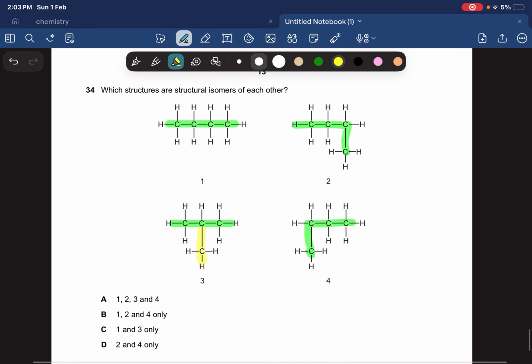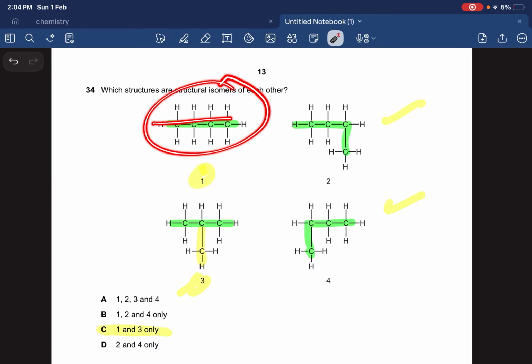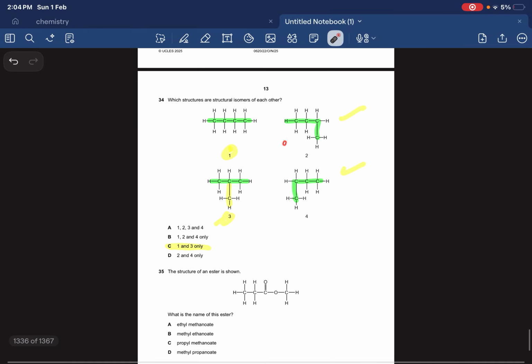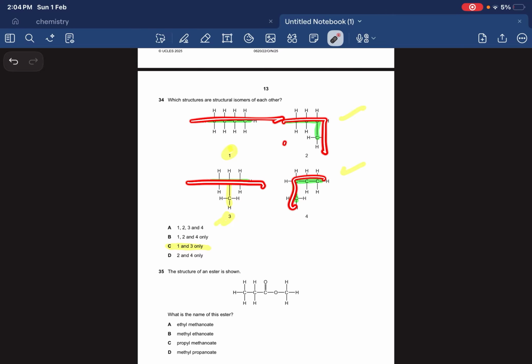So 2 and 4 are both straight chains. 1 and 3 are isomers. Why? Because this is a normal molecule and this is its branched form, and branches are isomers. These are straight chains. Only this is branched, because to complete this I need to reverse my pencil.